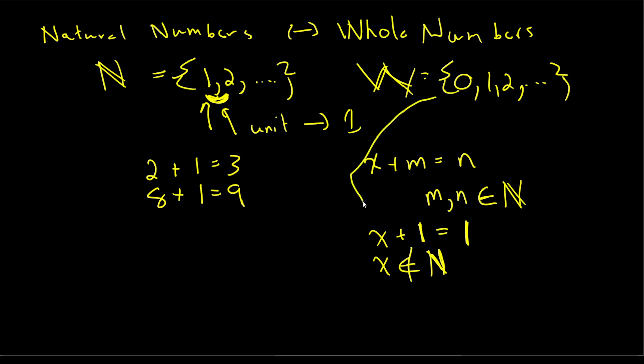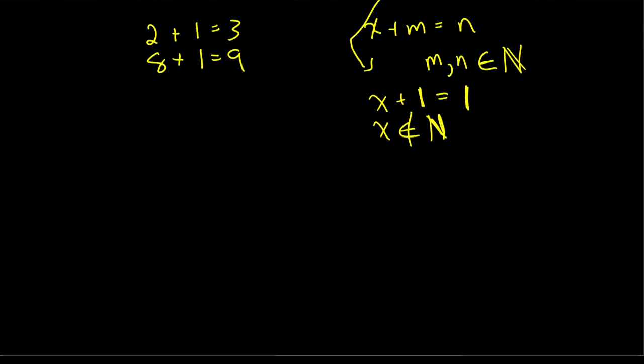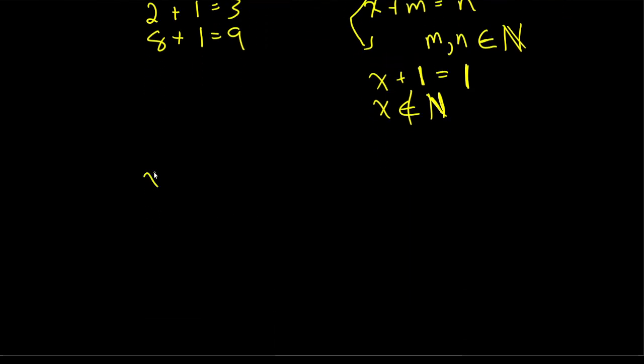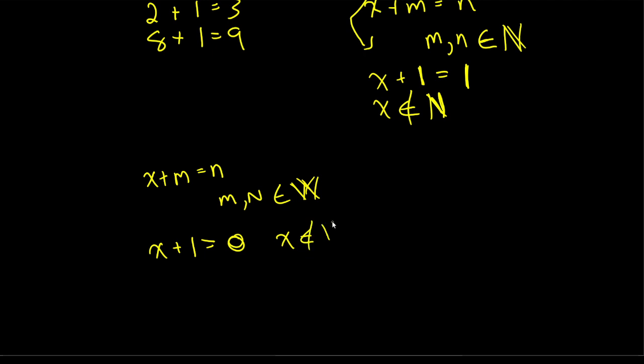But if we go to whole numbers, that gives us the concept of the 0. So we'll take the same concept here, and I'll say we're within whole numbers. Well, now I run into the problem that if I'm going to add this 1 and I'm going to get to 0, well, x is now not within whole numbers. And so a new set of numbers gets built to deal with this.